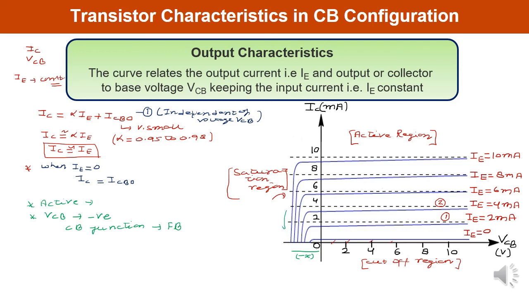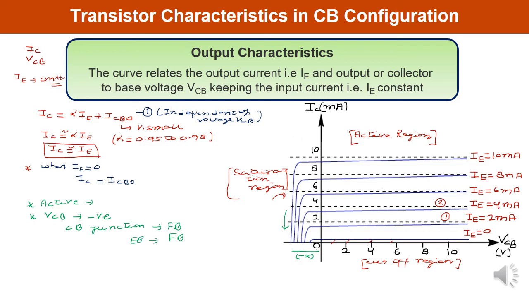You can see the collector current decreasing over here, and this region is known as the saturation region because collector current does not depend much upon emitter current. In this case both the diodes are forward biased. Collector base junction will be forward biased and emitter base junction will also be forward biased.